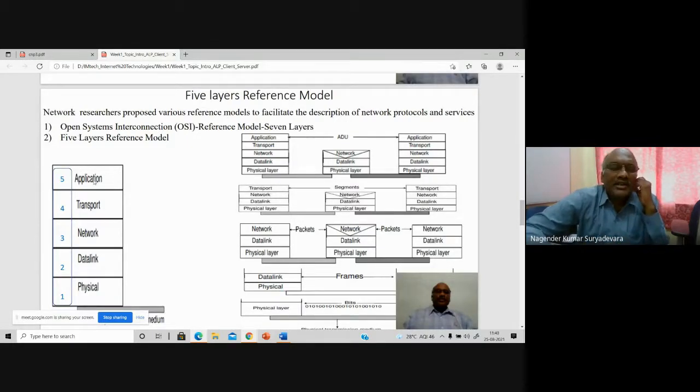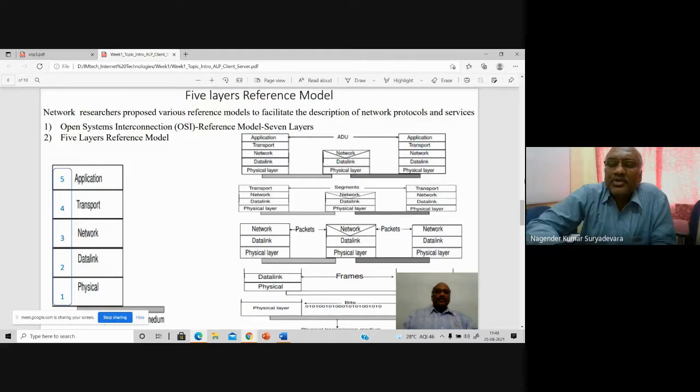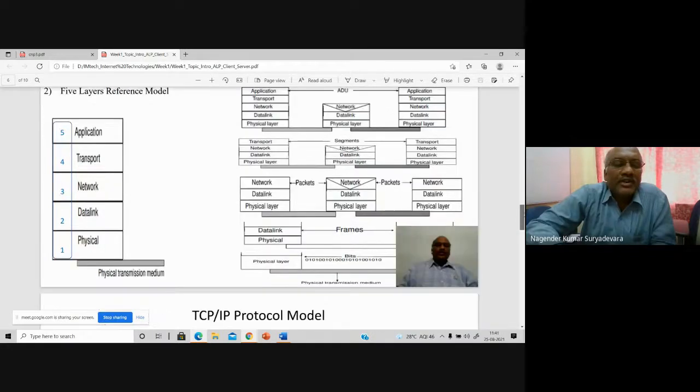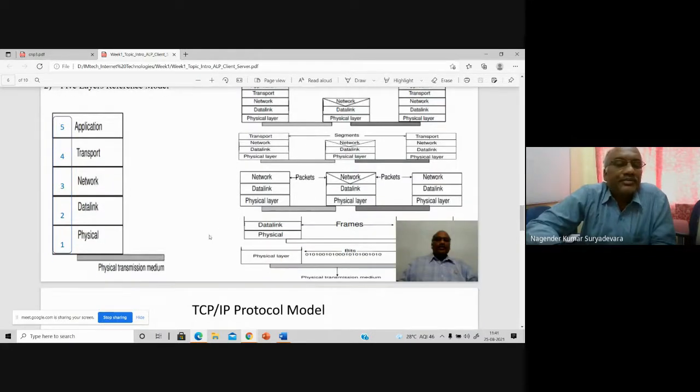Those 5 layers, the names are given here: physical layer, data link layer, network layer, transport layer, and application layer. These 5 layers are 5 stages where the information or your message is exchanged between 2 different entities or 2 different devices.